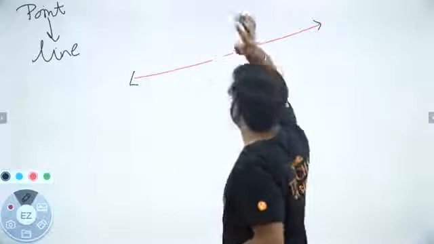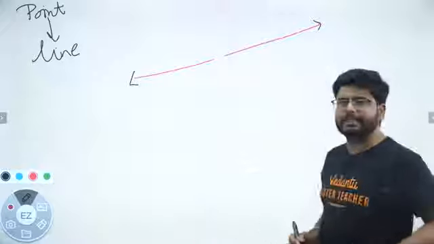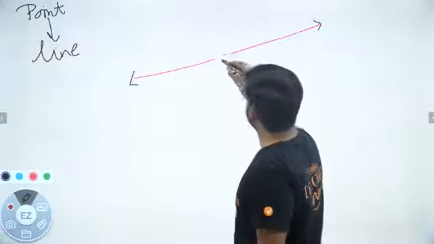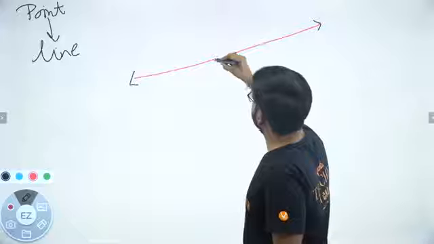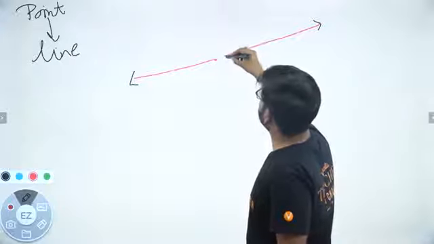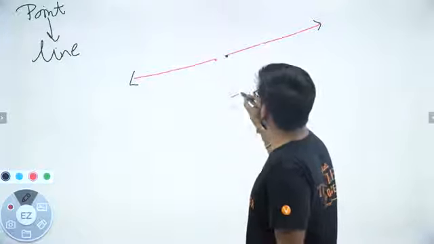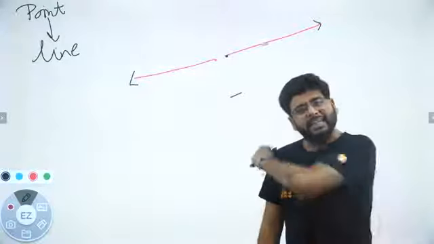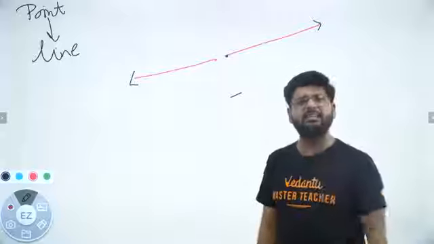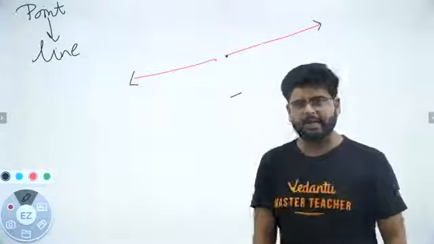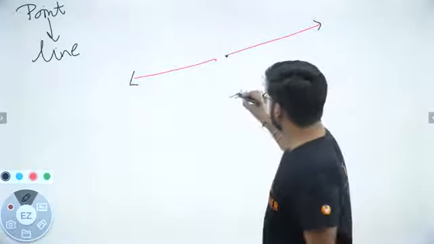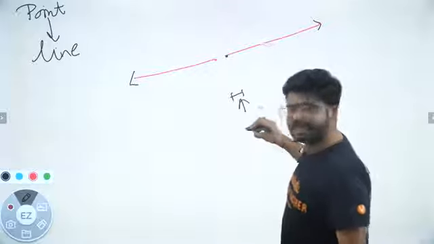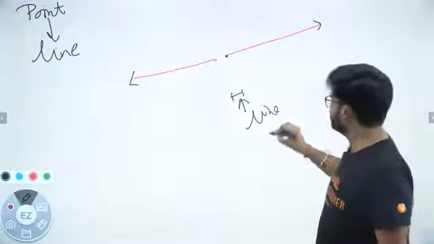I just cut this line, and I took out a tiny little part of this line. This is what? This is a part of a line. Can I say that this is some segment? Segment, literal meaning, right? So this part is a line segment.